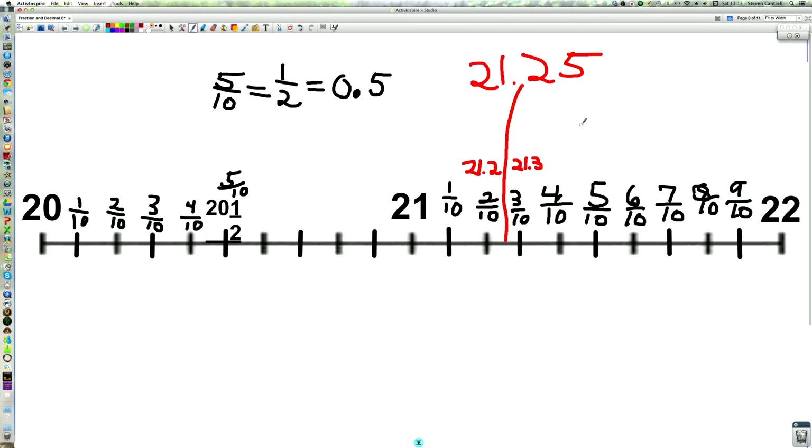Remember I've told you before that in between this right here, I can divide this up infinitely small, and I can just keep going forever. So this is going to be 21.2. These two are equivalent right here. And so there's going to be 0.21, 0.22, 0.23, 24, 25, 26, 27, 28, 29, and then we get to 0.3, like this is a 30.